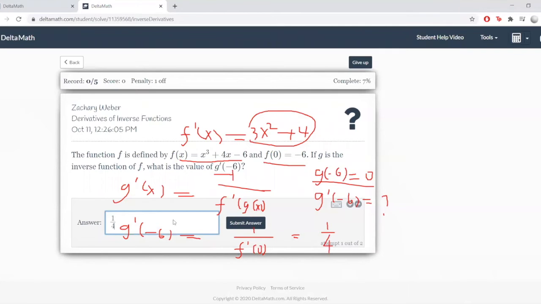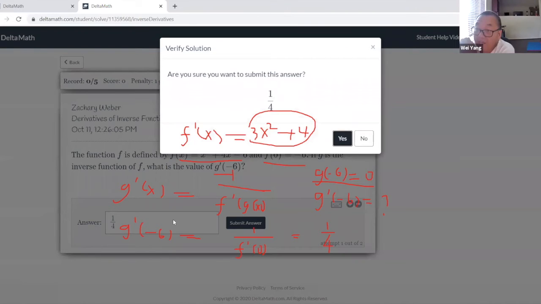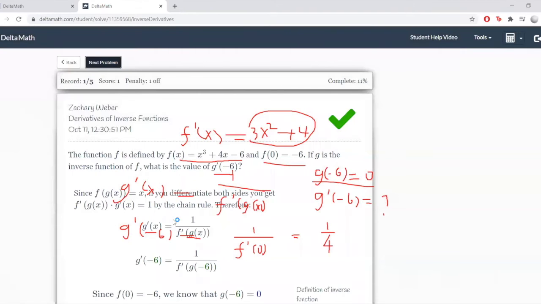Okay, you can try it first. Now let me explain to you. The answer is correct, right? The reason is you need to understand this formula.